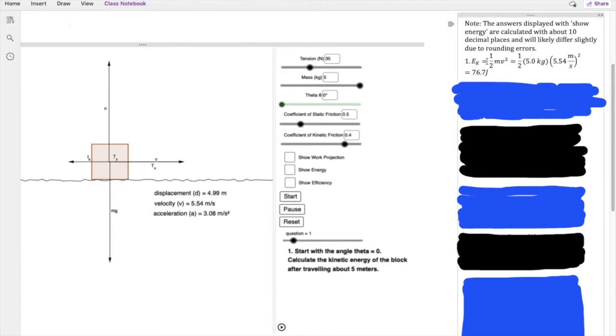So kinetic energy is 1/2 times mass, 5 kilograms, times velocity. We can look over here and find the velocity, 5.54 meters per second. That's going to give us 76.7 joules. Now, we can click on the Show Energy button here, and this will show us the kinetic energy of the block at this moment in time.